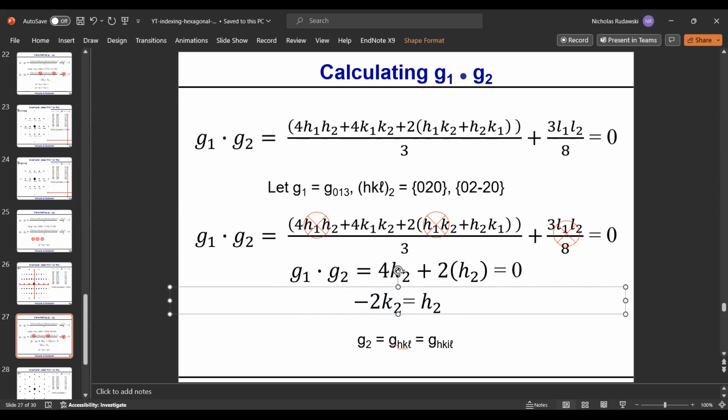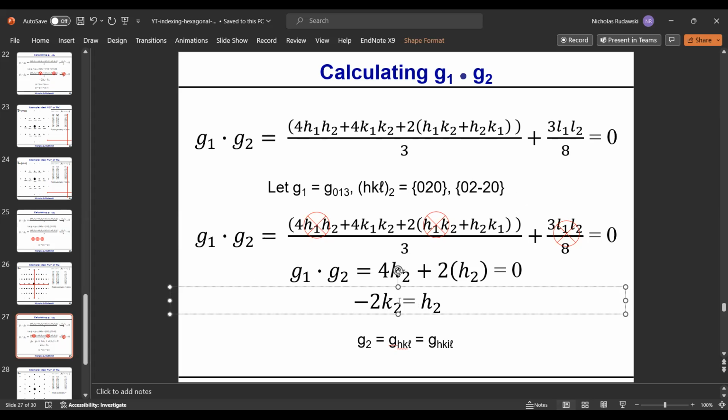So now again, here's our family. Our family has to be in this family. But the stipulation again is that the first index has to be equal to twice the opposite of the second. So again, mathematically, there's no way for that to work and still get this.